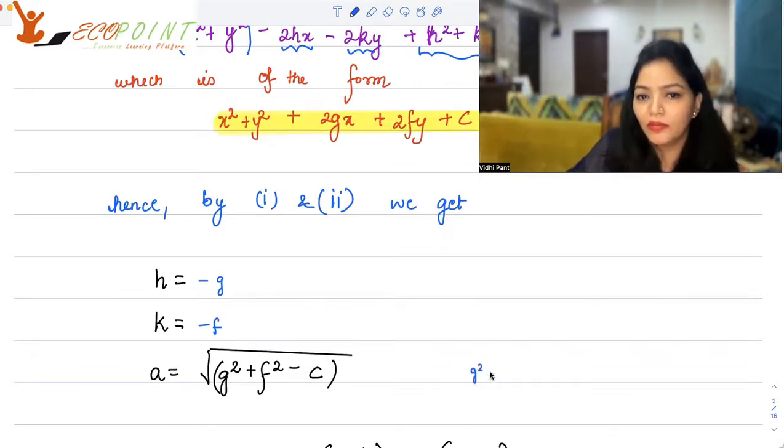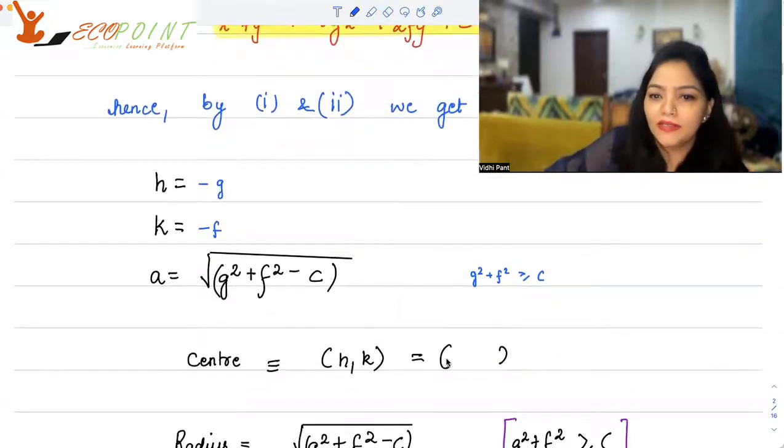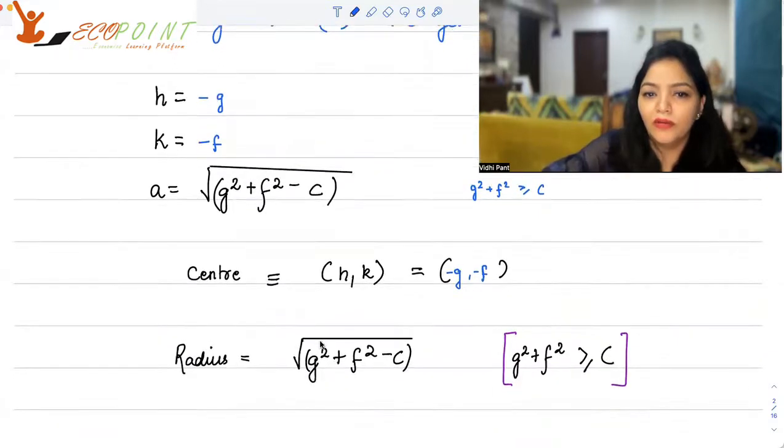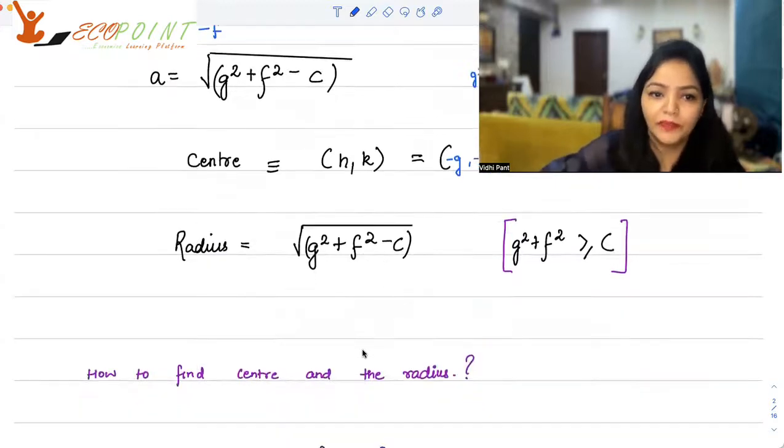So g square plus f square should be greater than or equal to c. That becomes a general condition for the square root. Now the center is (minus g, minus f), and the radius is the square root of g square plus f square minus c.